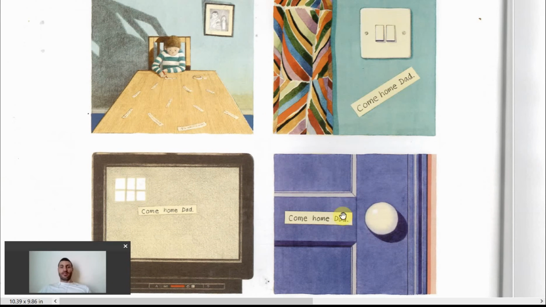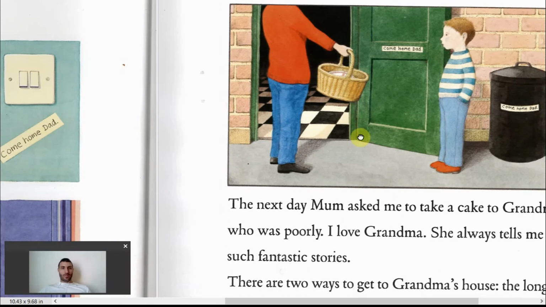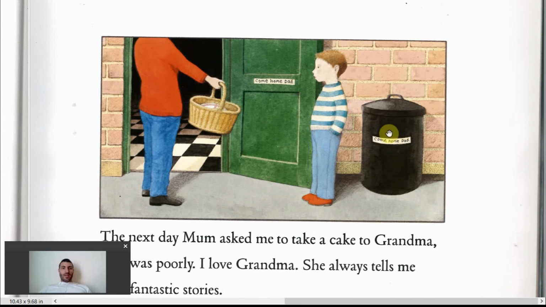There's a bit of a story here that Dad would open the door, or this could be the bedroom door, but he could open the front door, switch the lights on, watch TV. These are typical places the father would be found. Then we have those stickers being stuck on, putting the dustbins out, opening the back door. These are places which he associates with his father.